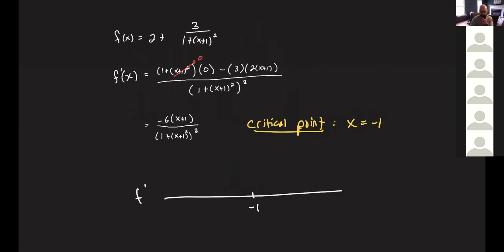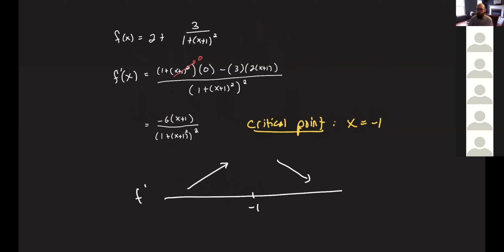Okay, so if I plug in numbers over here that are smaller than -1, I'm going to get negative times a negative, which is a positive number, right? So my function over here is going to be increasing. And then if I plug in numbers that are bigger than -1, what I'm going to get is negative times positive, which is going to be negative, right?